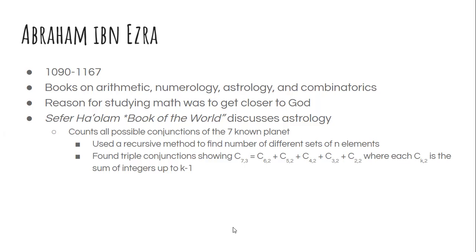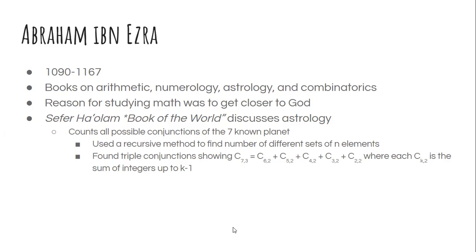But in his book Sefer HaOlam, which is the book of the world, he discusses astrology, and he discusses the meaning of different celestial conjunctions and aspects. It opens by counting all the possible conjunctions of the 7 known planets, and he uses systematic combinatorial reasoning to get to that.